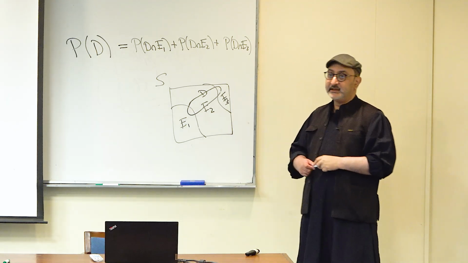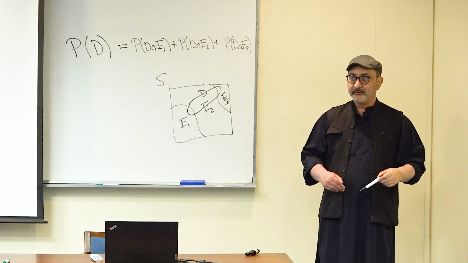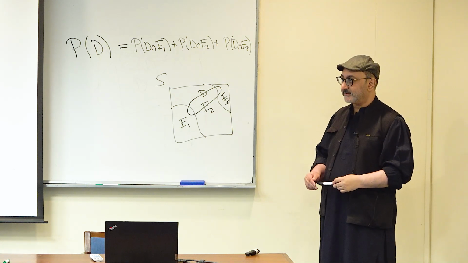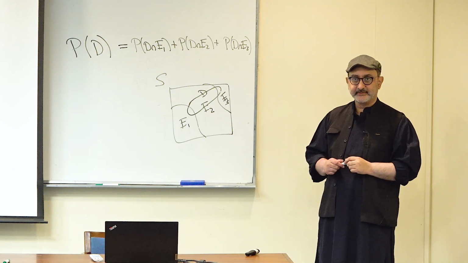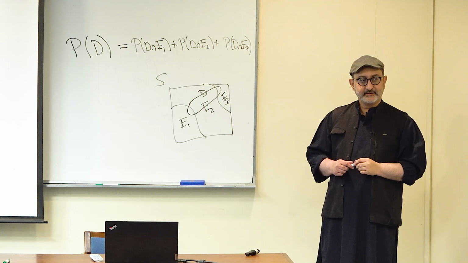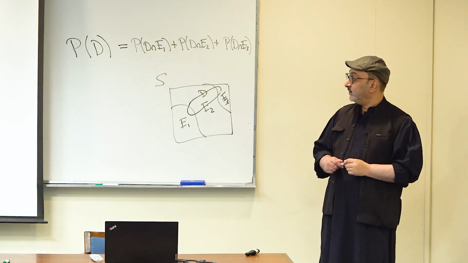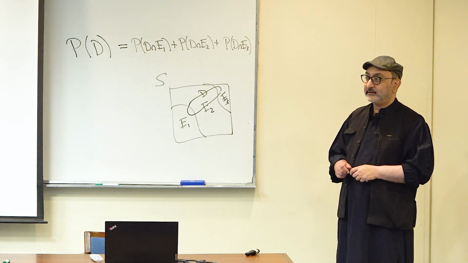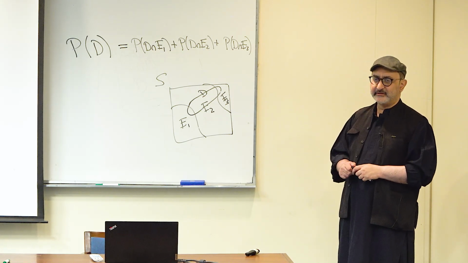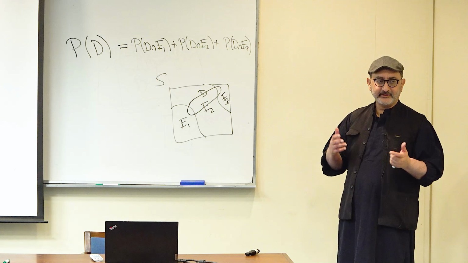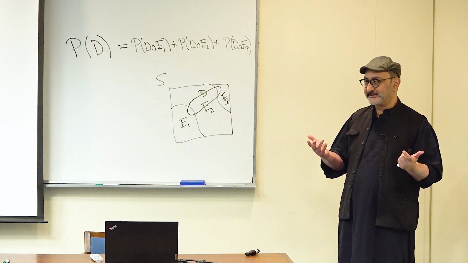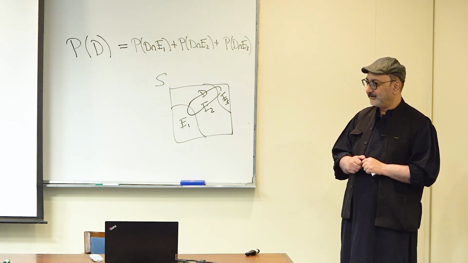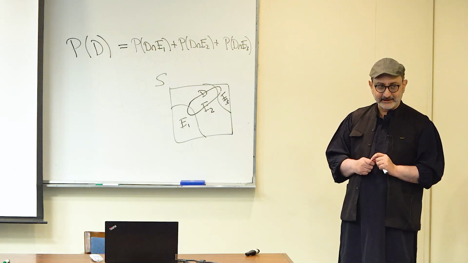E1 means supplied by supplier 1, E2 means supplied by supplier 2, E3 means supplied by supplier 3. Now, have I been given that information? Well, I haven't been given that information directly, so I might have to massage this a little bit. I have to do a few more steps before I can start plugging in numbers.